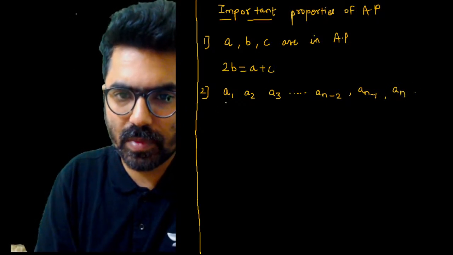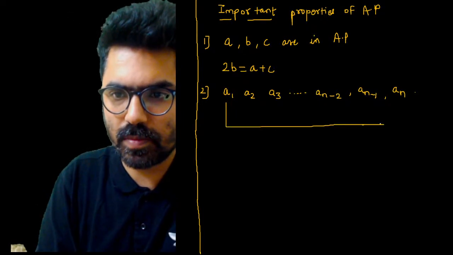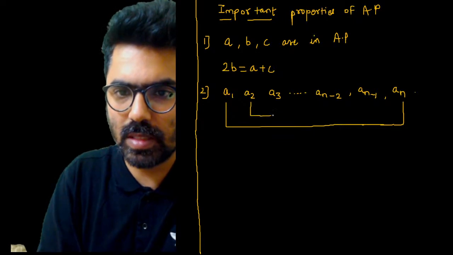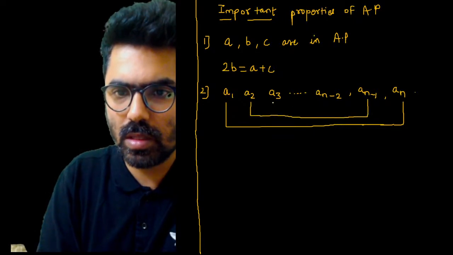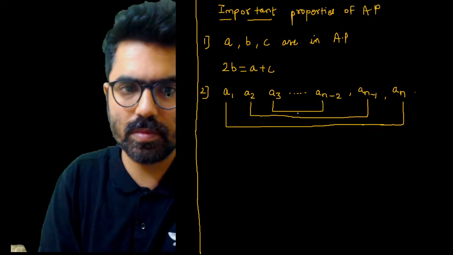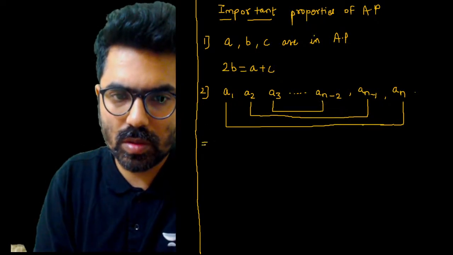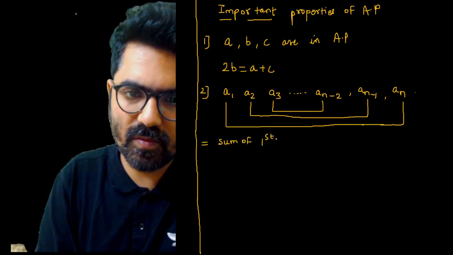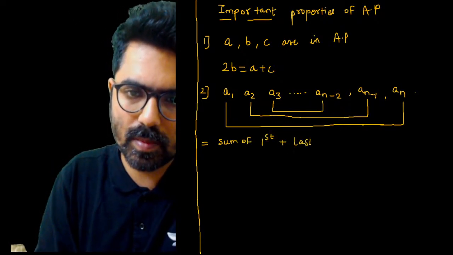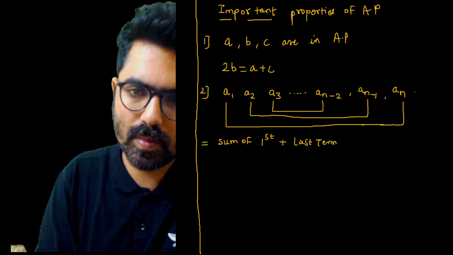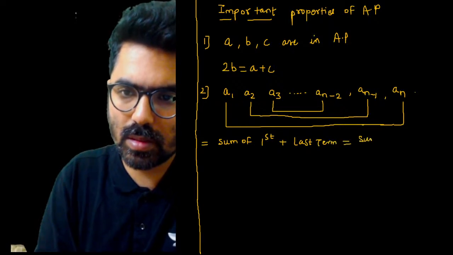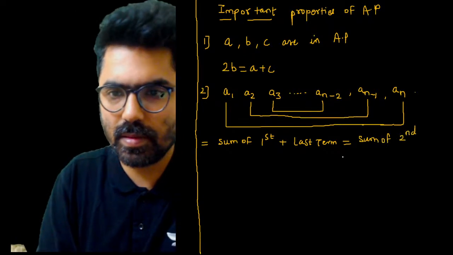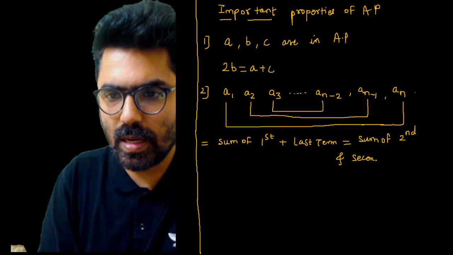a(n minus 1), an, these are the n terms in AP. The sum of the first and the last term is the same as the second and the second last term, and the same as the third and the third last term.